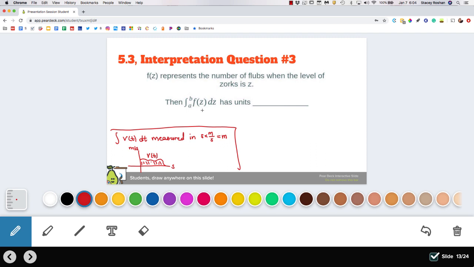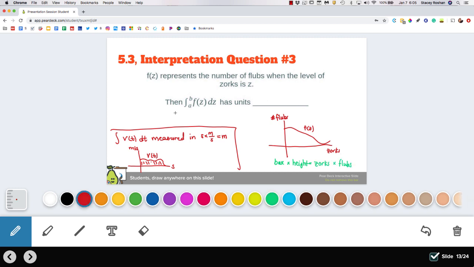So in this case right here, f of z represents a number of flubs. So we are going to have some function. Here's my f of z function, the number of flubs when the level of Zorks is z. So Zorks are on this axis. And so the antiderivative of this f of z dz is just going to be base times height, which is going to be Zorks times flubs. And so that's it.